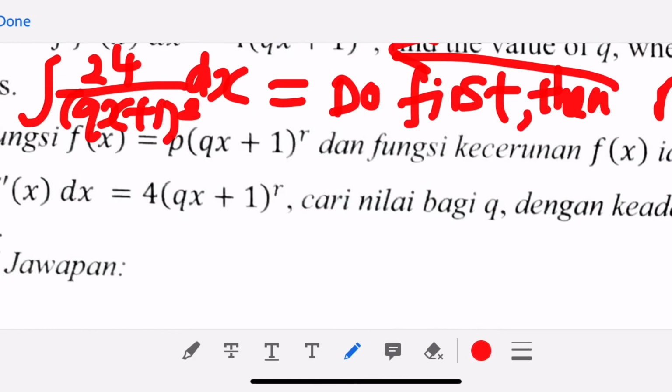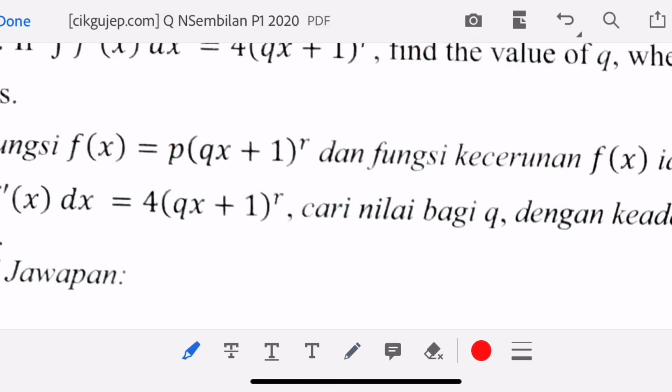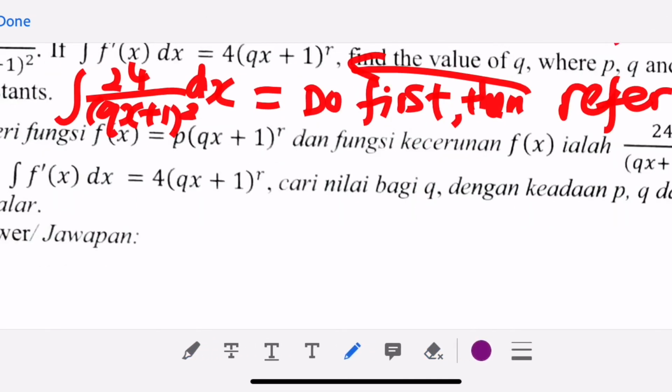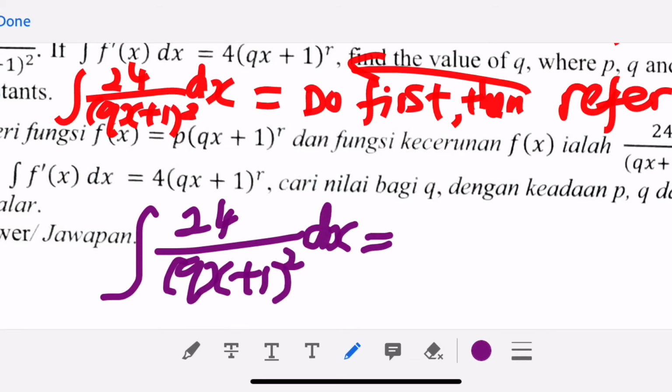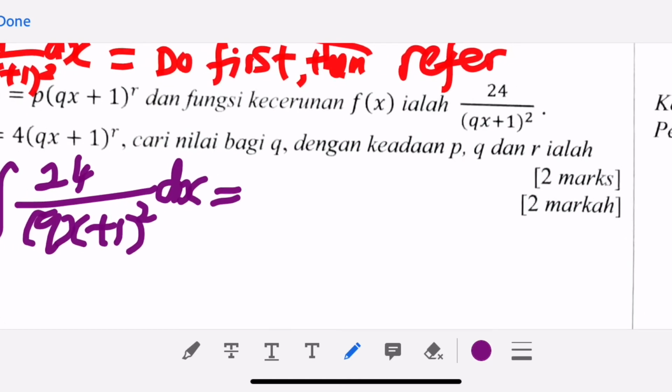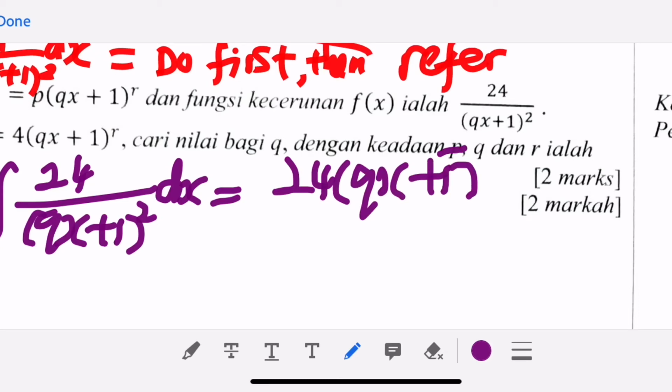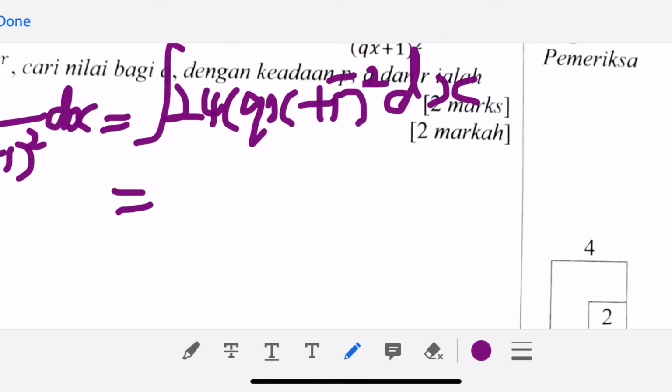Alright, so now we need to integrate the function, the dy/dx, which is 24 over (qx + 1) power 2 dx. Still remember, this is also integration by substitution. So we raise up the power: 24(qx + 1) to the power of negative 2. When we integrate, the power will raise up by 1.